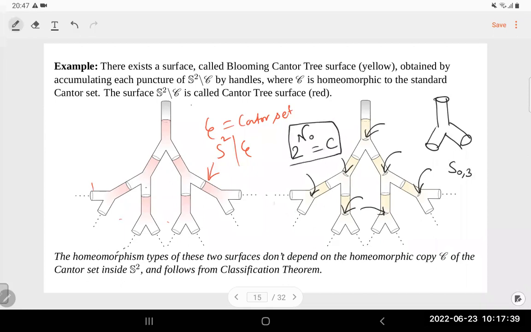So we are considering a binary pattern here. 2 stands for binary, and since we are considering an inductive procedure, we are adding these pairs of pants countably many times, and this binary pattern says that at the end we are accumulating each puncture by handles.